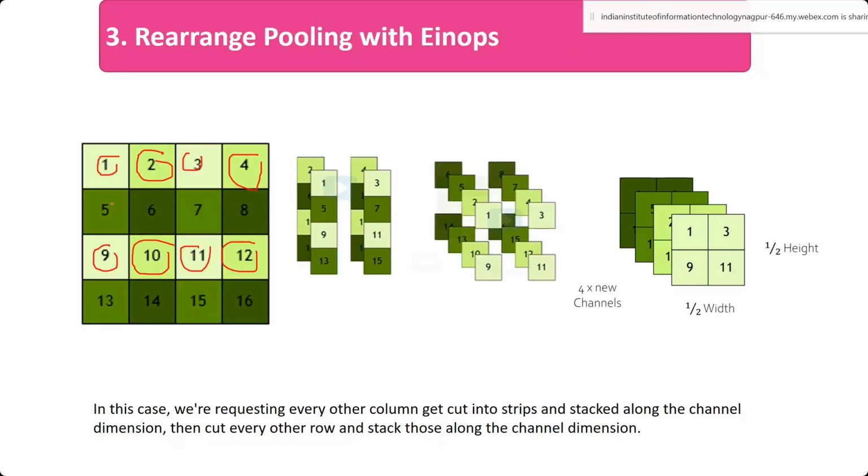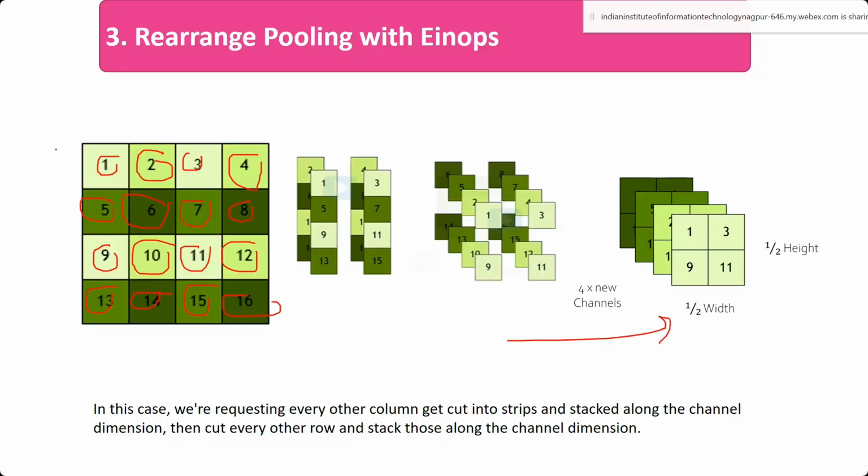The third channel will be 5, 7, 13, 15, and the fourth channel will be 6, 8, 14, 16. So here you are reducing the dimension of the image, which fulfills the criterion of dimensionality reduction, the main purpose of pooling. You are reducing the dimension, but you are not losing the data. You are keeping the data in the form of channels.